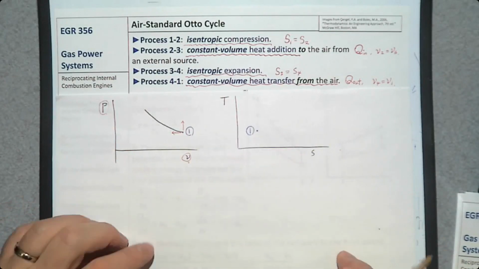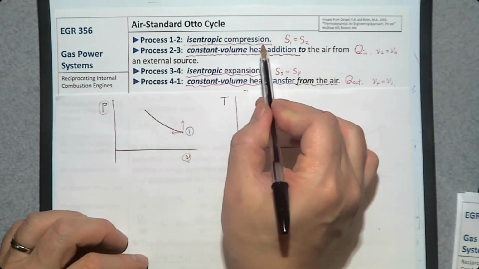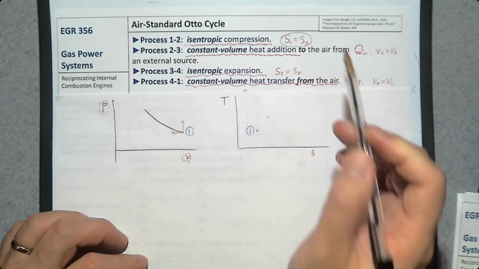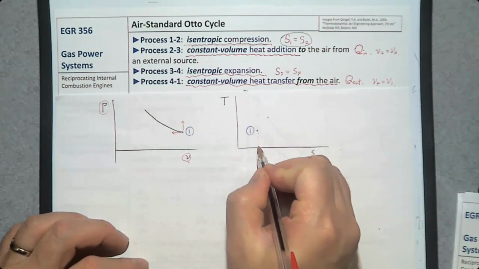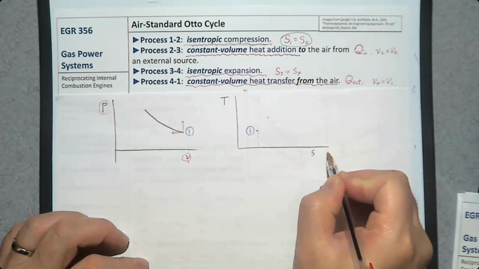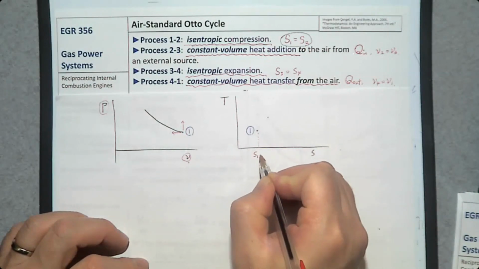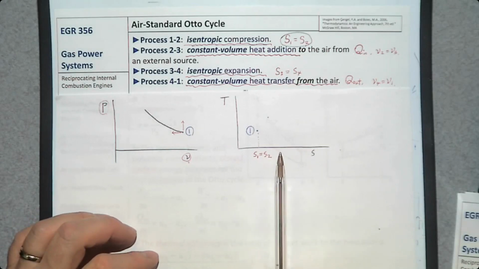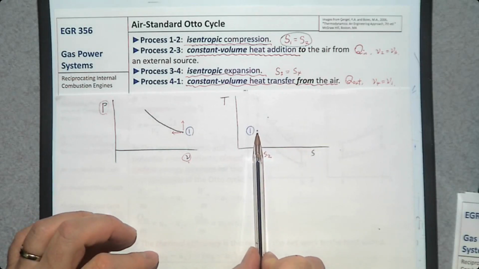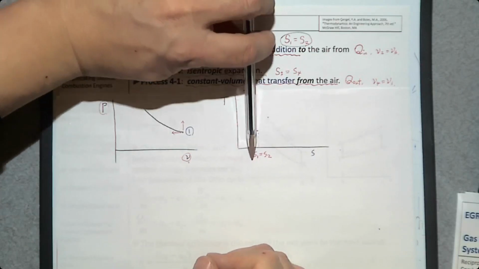On this TS diagram, isentropic compression, so entropy S remains constant. The horizontal axis is entropy, so S1 is the same as S2. That means process 1 to 2 is going to be either going upward or downward.